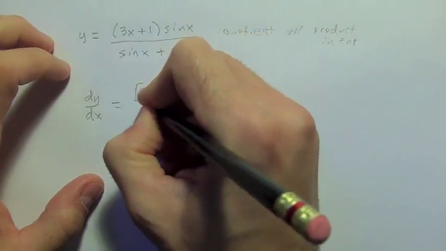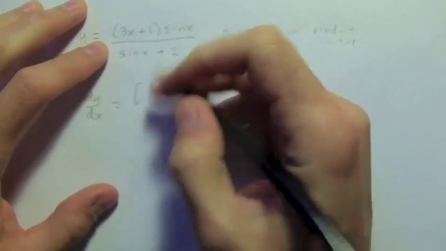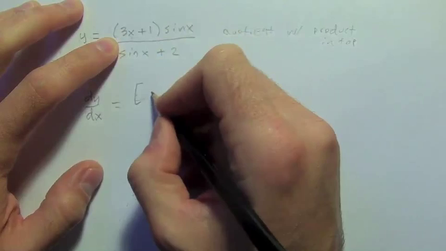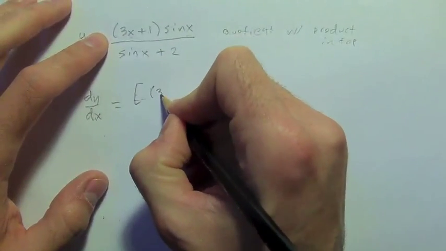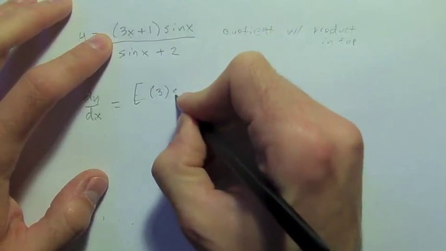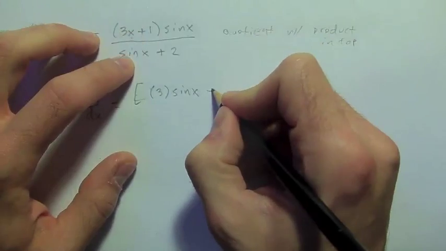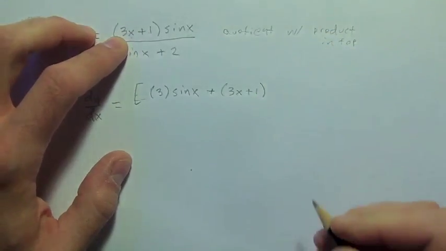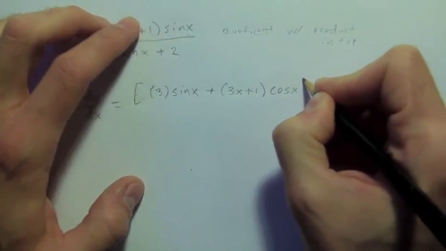So in brackets, we'll put the derivative of the top, which will be a product rule. So the derivative of 3x plus 1 times sine x will be the derivative of the first, which is just 3, times the second guy left alone, plus the first guy left alone, times the derivative of the second guy, which is cosine x.